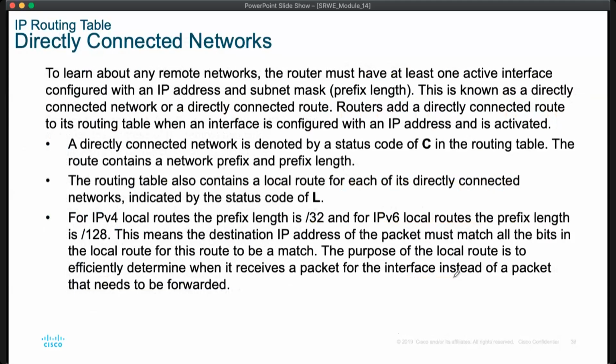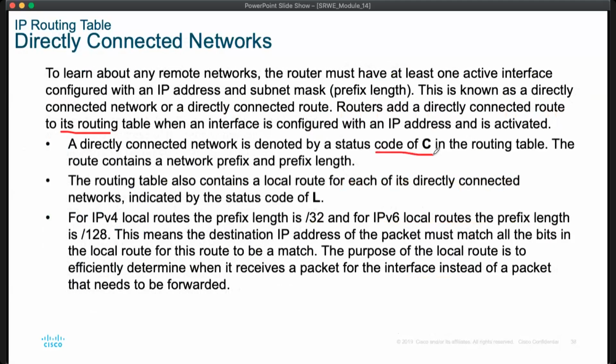Routers add a directly connected route to its routing table when an interface is configured with an IP address and is activated. A directly connected network is denoted by the status code of C in the routing table. The route contains the network prefix and prefix length.